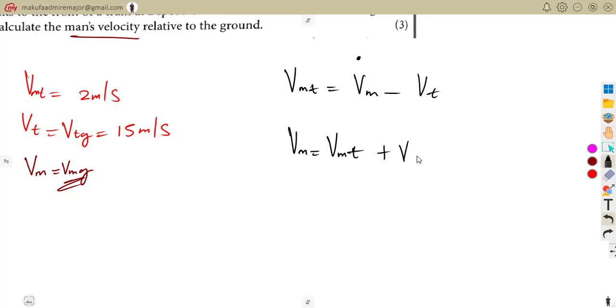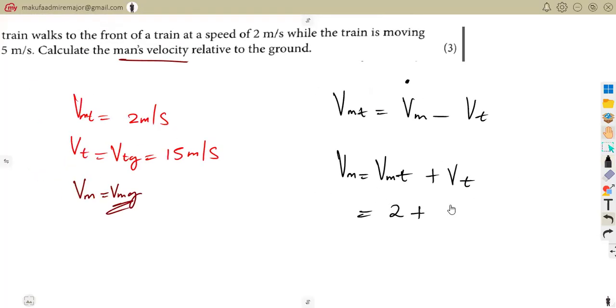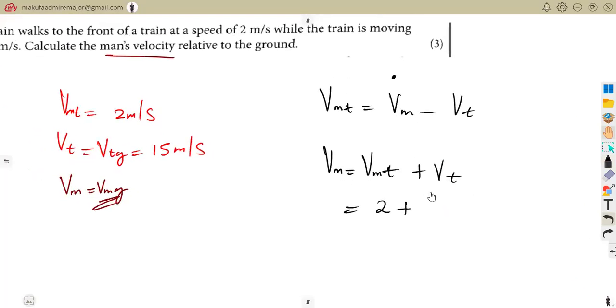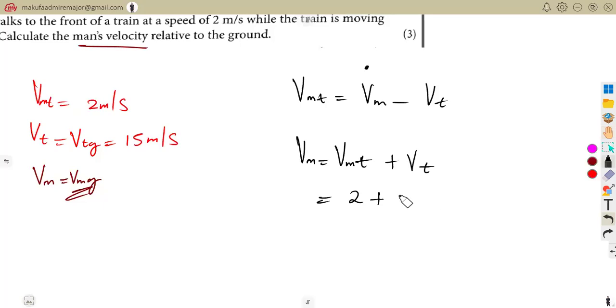It's going to be 2 plus 8, which will give us 10. Where are we getting 8? Not 8, 15. Sorry. So it's going to be 2 plus 15, which is 17.